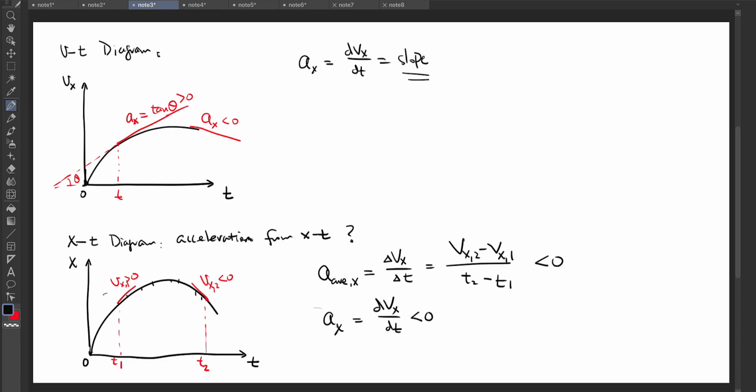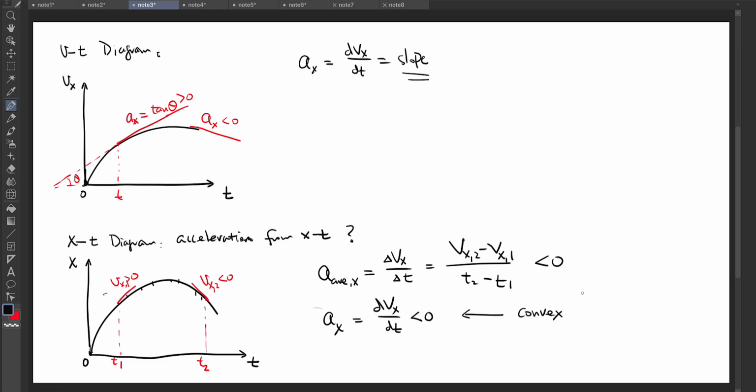It's always true that ax is negative. And that is the so-called convex curve, because it's pointing upward, right? It's bulging upward, so it's called a convex curve.